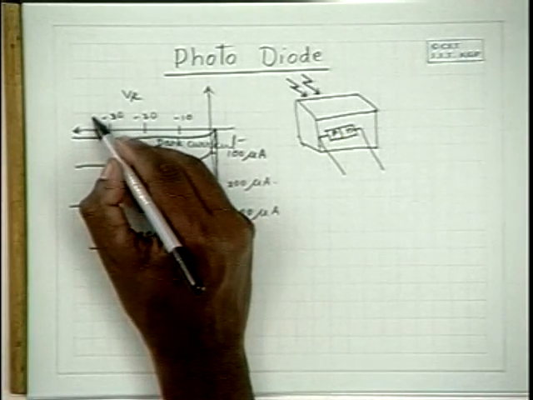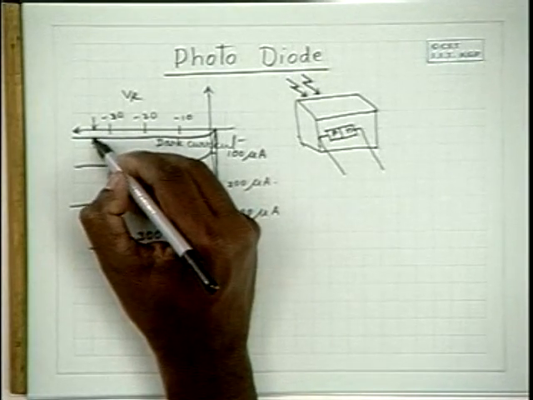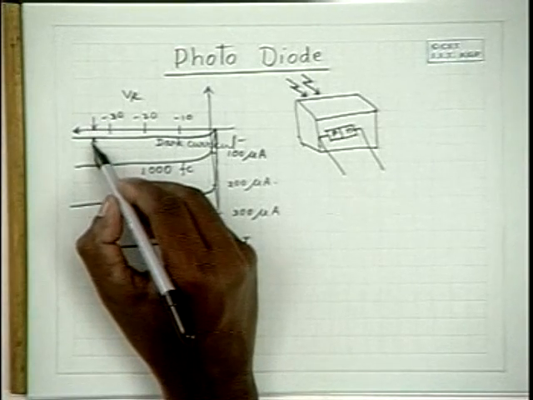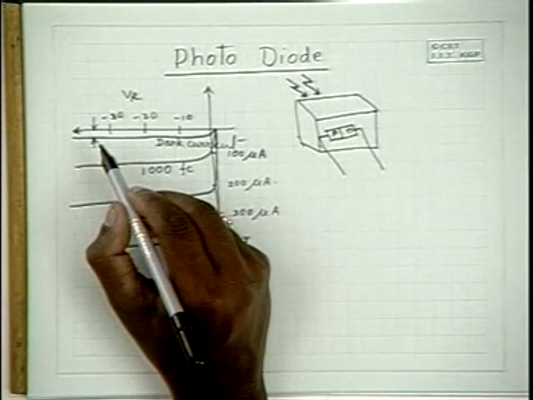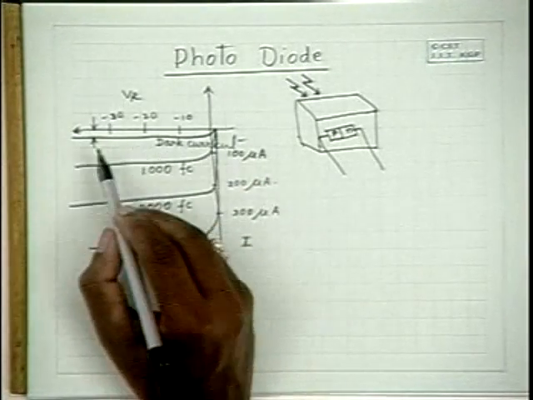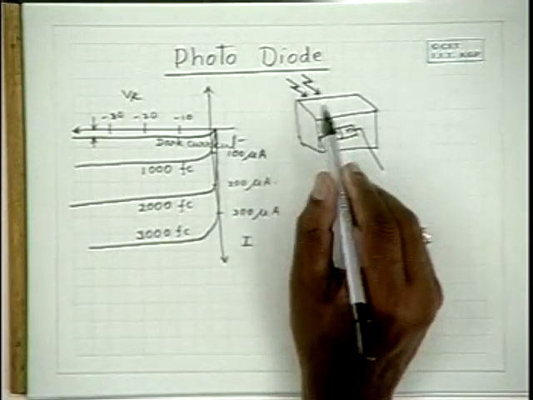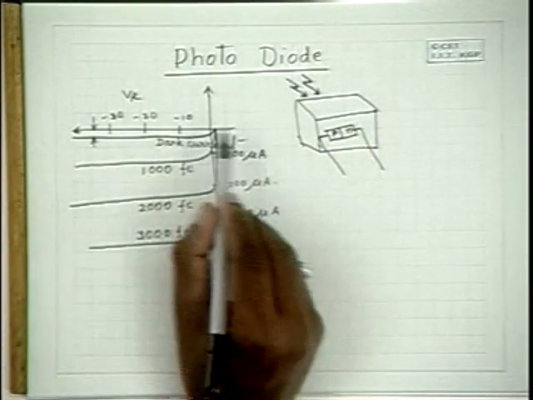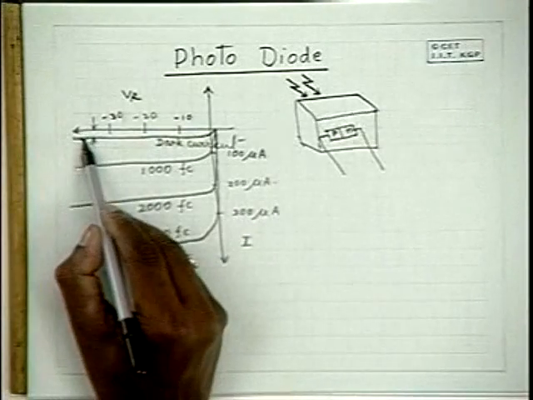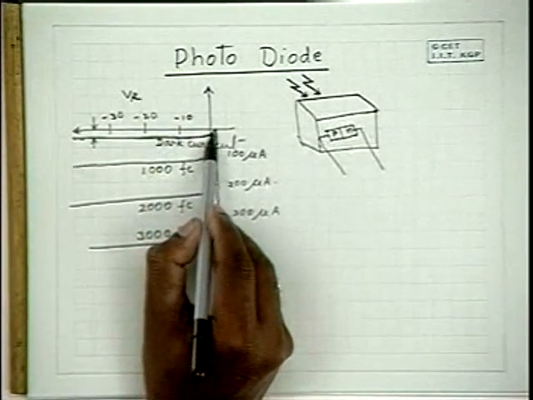It is of the order of a few nanoamperes in the case of a silicon diode, and of the order of a few microamperes in the case of a germanium diode at normal temperature. When the diode is sealed inside an enclosure where light doesn't pass through, the characteristic is like a typical PN junction diode.